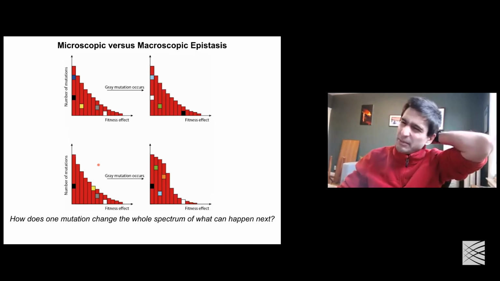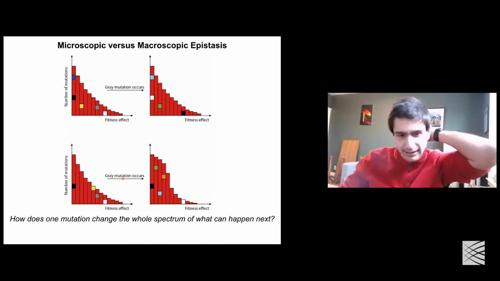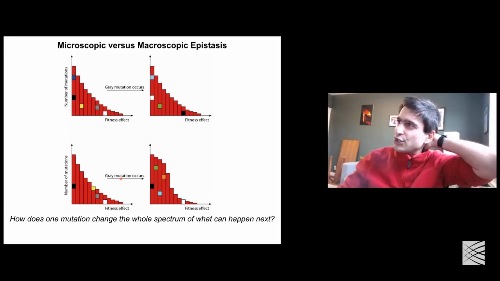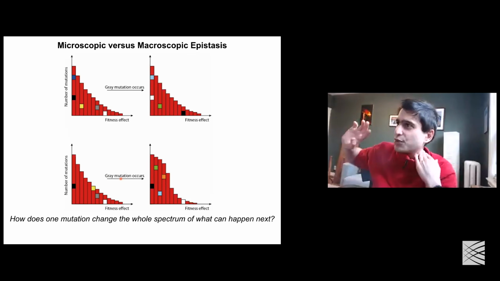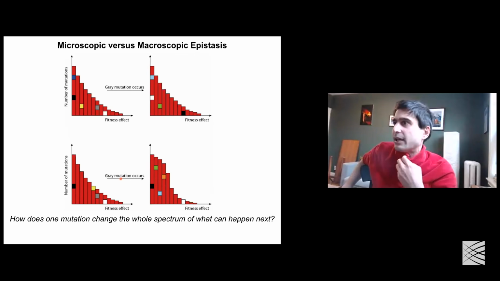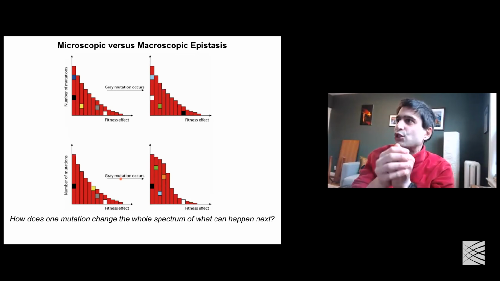But on the other hand, people say, how could it be the case that you get one mutation and it totally changes the distribution of everything else that's possible? Anyway, this is an empirical question. We can characterize epistasis this way: how do the local properties of the landscape change as you evolve?